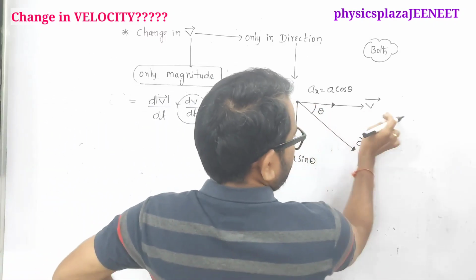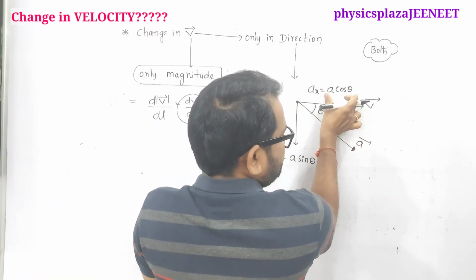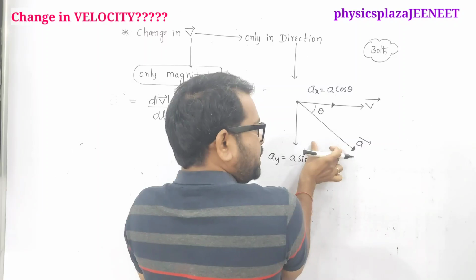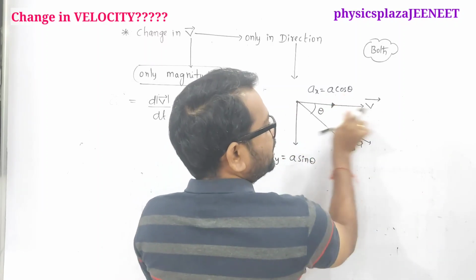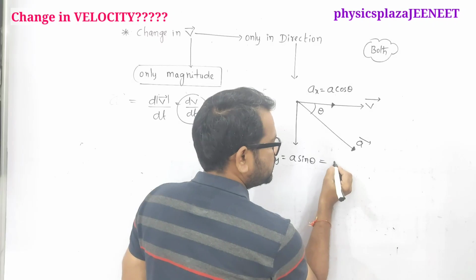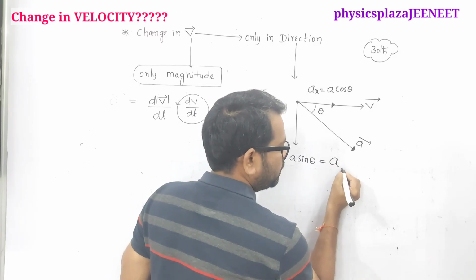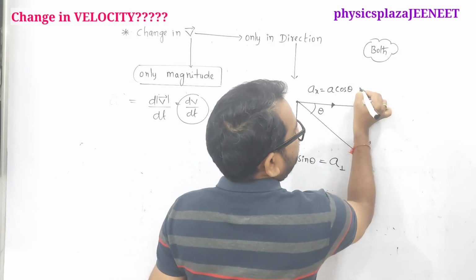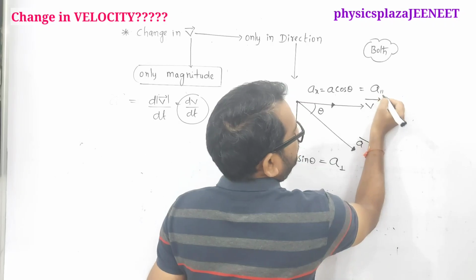Children, this component of acceleration will try to change only the magnitude because it is parallel, whereas this component is perpendicular. This is the parallel component.